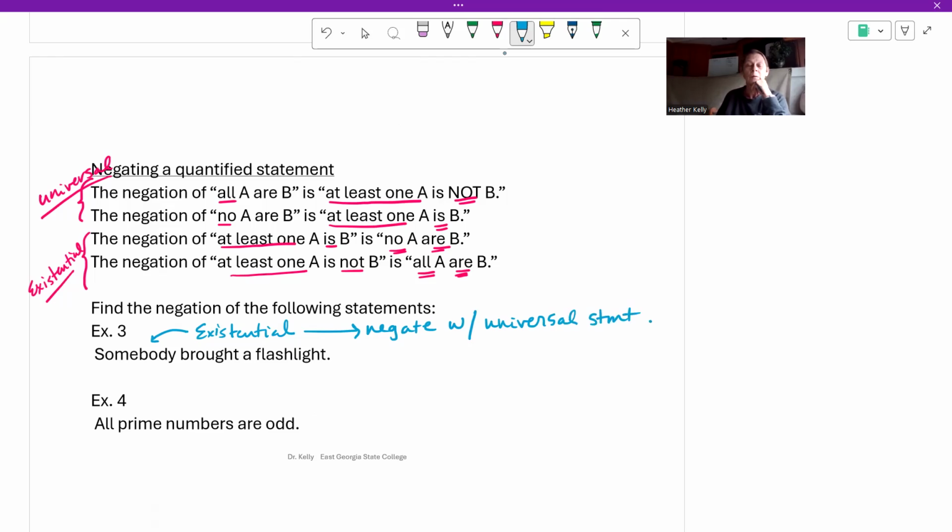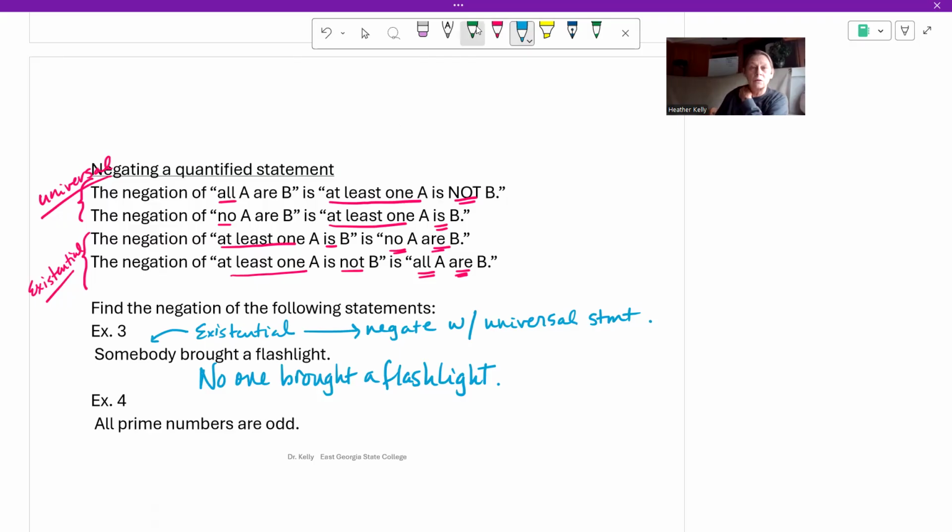So if somebody brought a flashlight, then the negation is nobody brought a flashlight. The opposite of somebody is nobody. So it negates it as well.